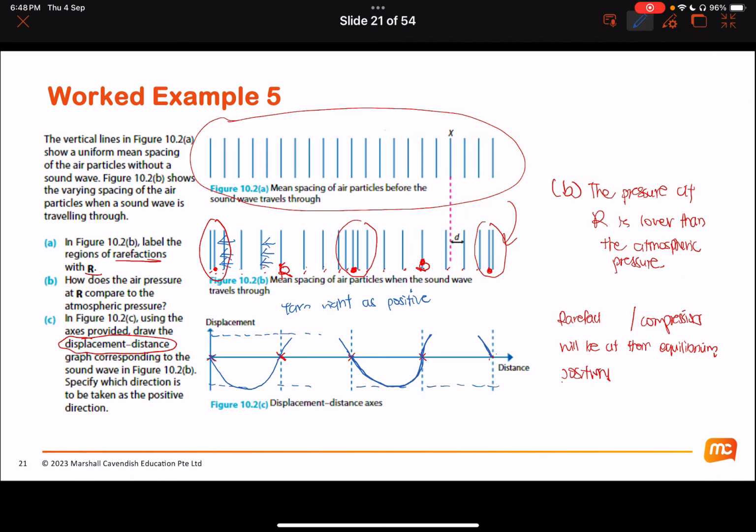What you can do is use a ruler to draw all these dotted lines to provide guidance for how you draw your curve.